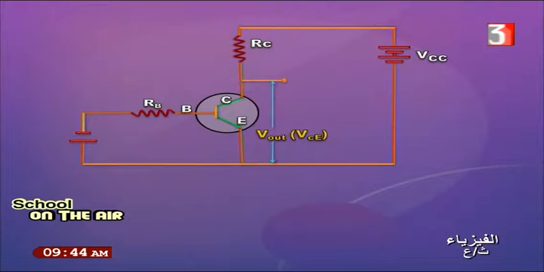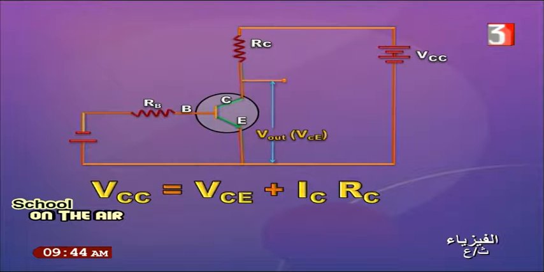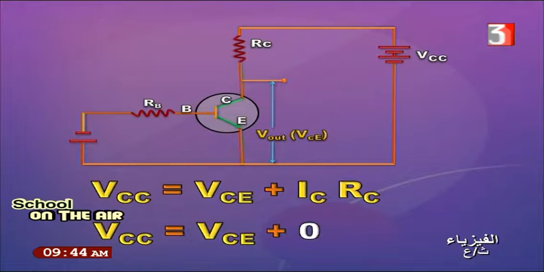Yes, if the base is reverse biased, no current passes through the base, so no current passes through the collector. IC equals 0, so IC RC equals 0. So VCC is almost equal to V out, or equal to VCE.